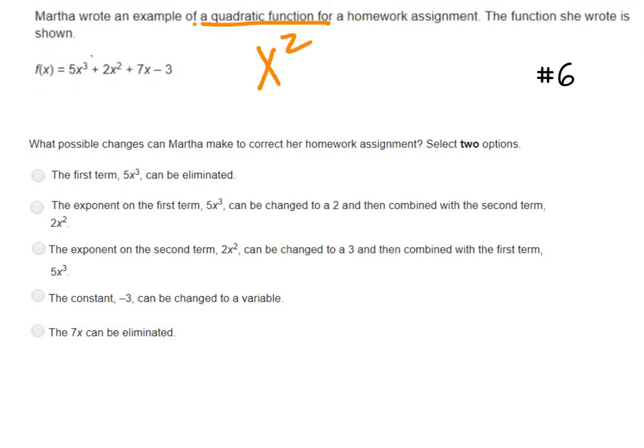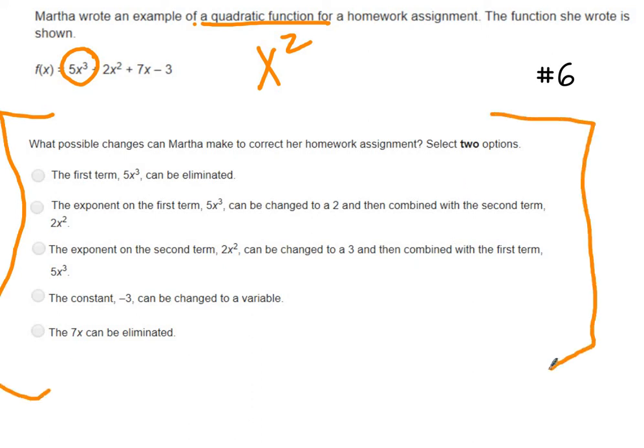And so looking at this, I know that the 5x to the third is what's going to be causing this not to be a quadratic function. So as you guys are looking through this, there are two different ways that we can fix this in order for us to not have this 5x to the third, right? We need to somehow get rid of it or change it some way so we can combine it with something so that my highest exponent is the x squared.